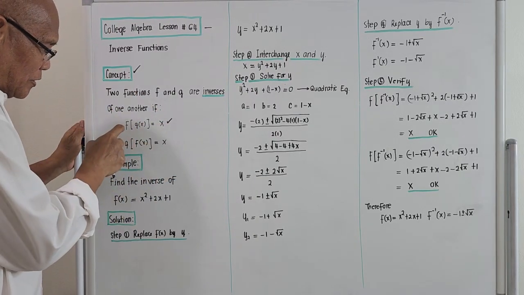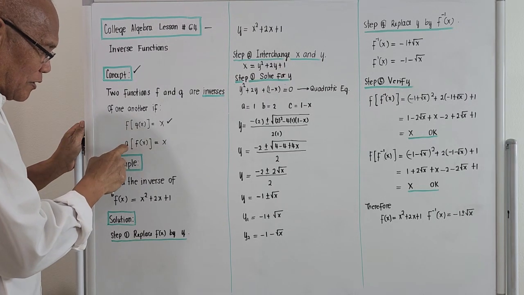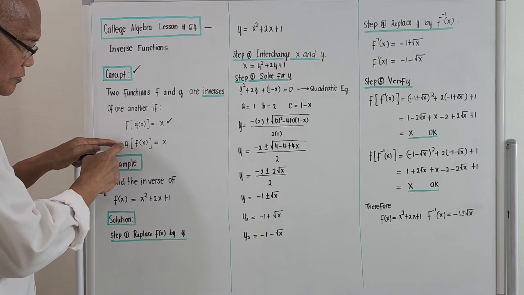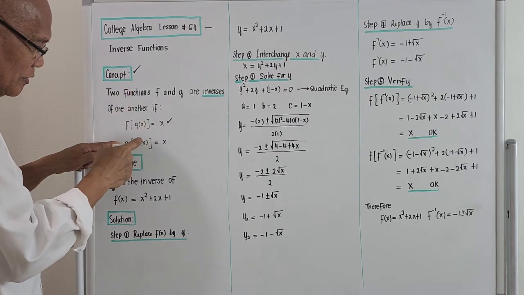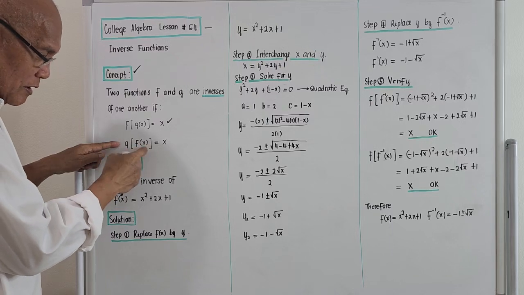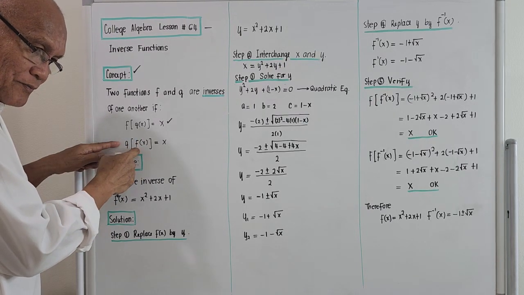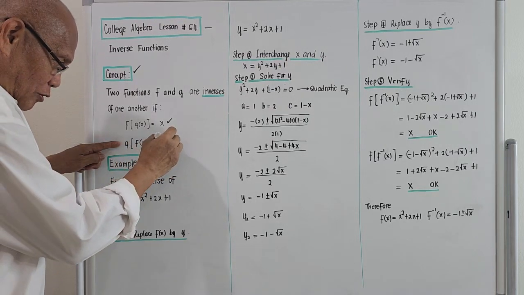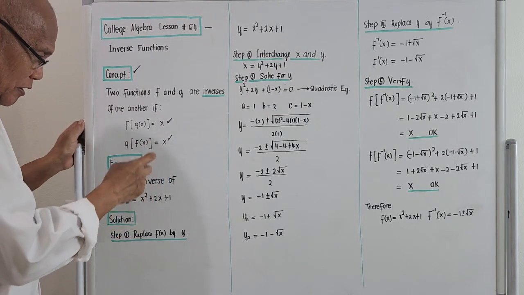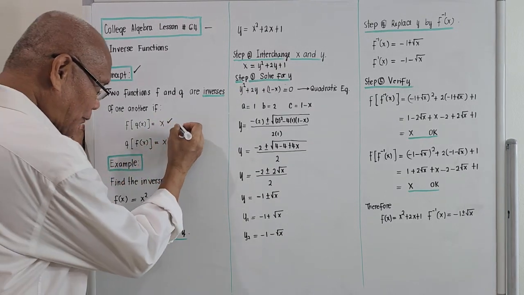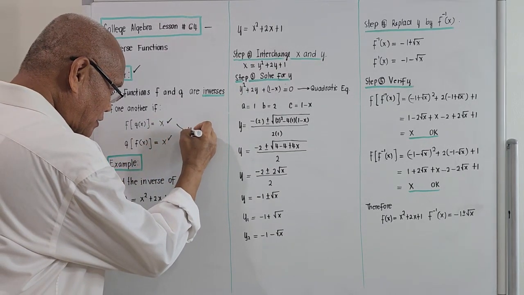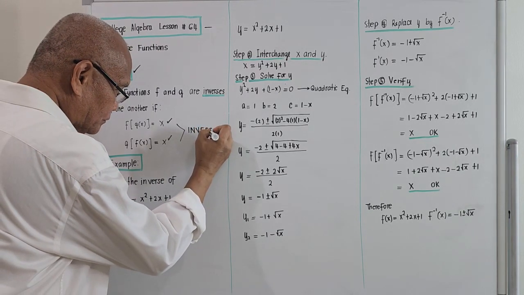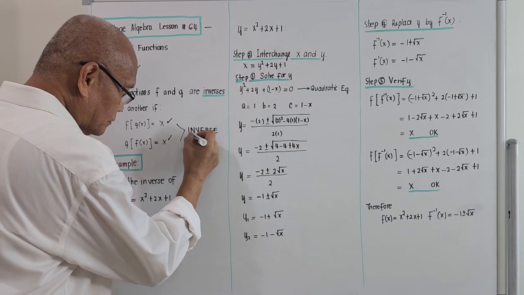For f to be an inverse function of g, on the g function, if we try to substitute the value of f of x and simplify it again, the result will still be x. If they are the same, we could say that they are inverse functions.